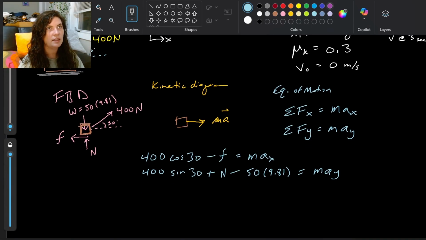Now thankfully, because of our handy dandy kinetic diagram, I can see that my acceleration is only in the x direction, which means my acceleration in the y direction is 0. So I can go ahead and substitute that in these equations, right? My ay is 0 here, and for ax, I'm going to put a. That's going to be our overall acceleration.